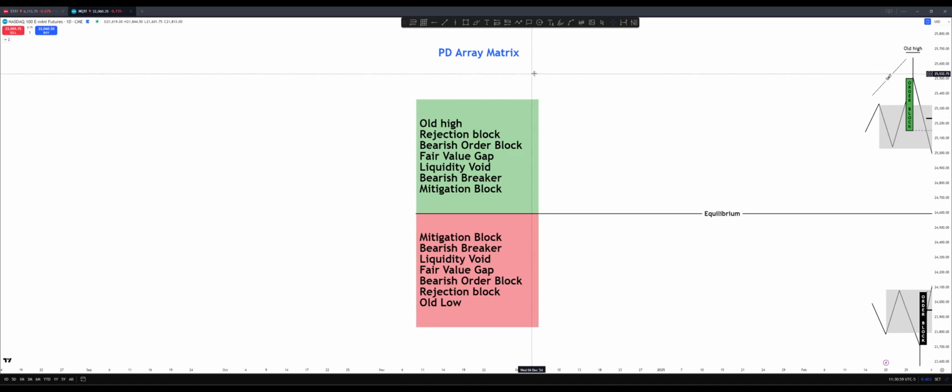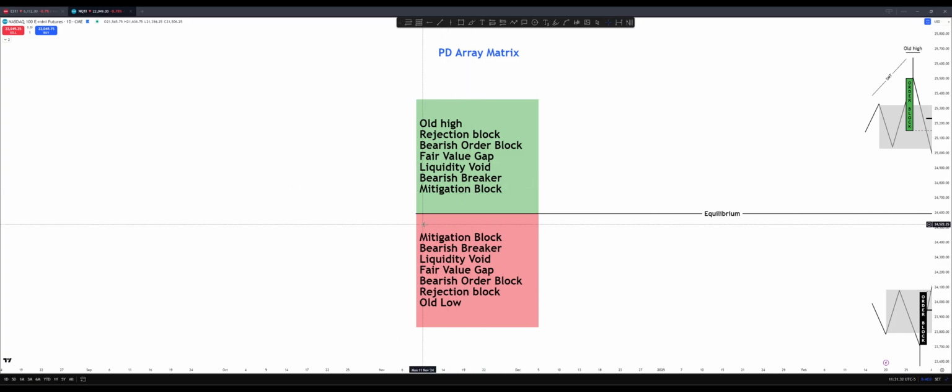Alright, so what we have here is the so-called PD array matrix. As I have written in here, there is a green box, a red box, equilibrium, and some PD arrays in order. The first one says old high, rejection block, bearish order block, fair value gap, liquidity void, bearish breaker, mitigation block.